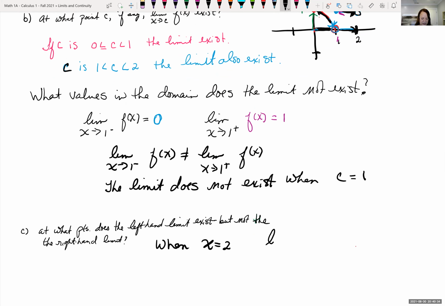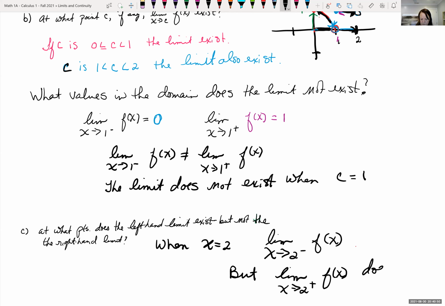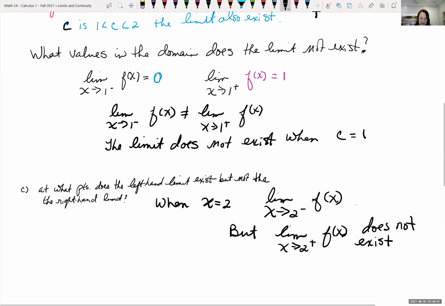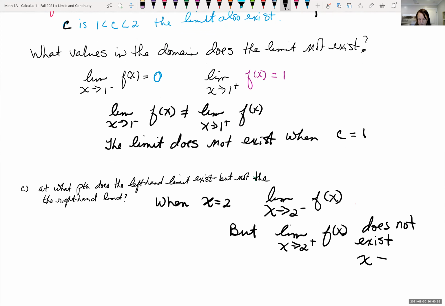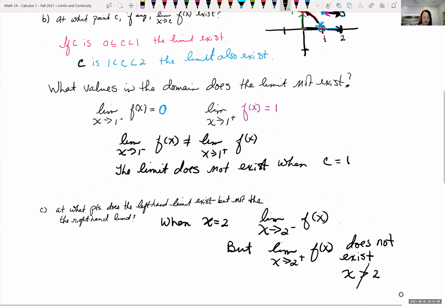So we can look at the limit as x approaches 2 on the left of f of x, but the limit as x approaches 2 from the right of f of x does not exist. x can't be greater than 2, because it's not part of our domain.